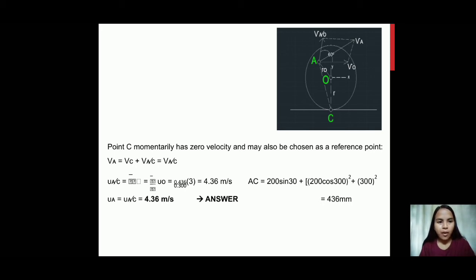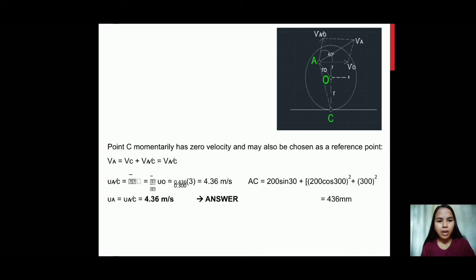So to convert this 436 millimeters into meters, that would become 0.436 meter over line OC, which is the radius, 300 millimeters into meters, so 0.300.